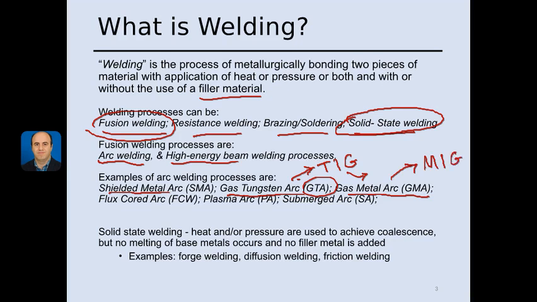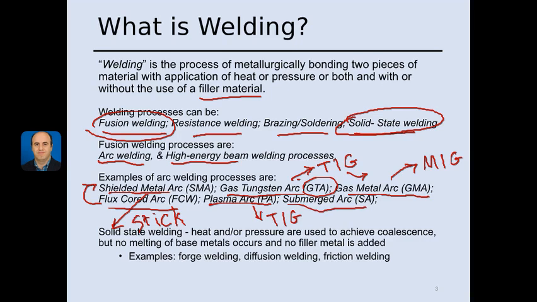And we have flux cored arc, which is similar to shielded metal arc. In the market, shielded metal arc is also called the stick welding process. Plasma arc is similar to the TIG welding process. And the last one is submerged arc welding.